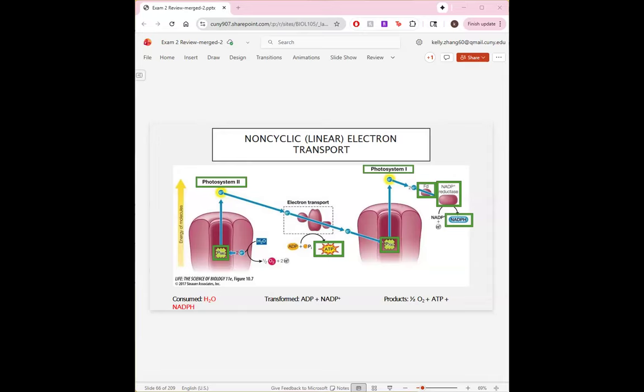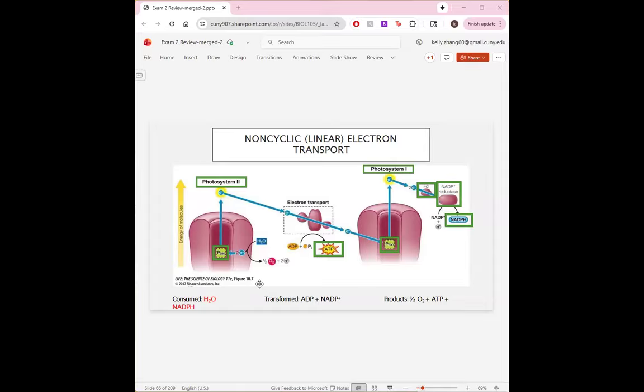Step 1 is that electrons are extracted from water in photosystem 2. Note that the processes occur in photosystem 2 first, before photosystem 1. That can be a little confusing, but photosystem 2 is where we're going to focus first.